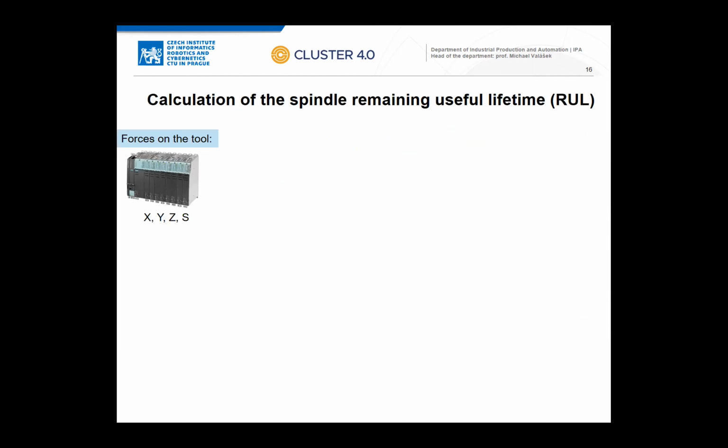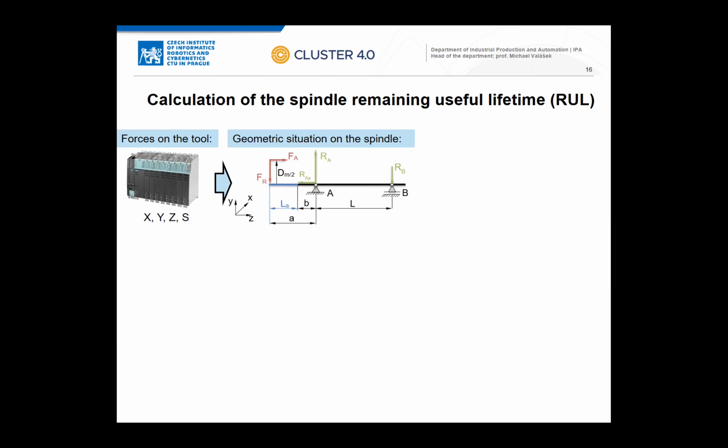So how does it work? At the beginning, we use the whole machine tool as a sensor. We read data from the drives, from the feed axes XYZ, and also from the spindle. And we have a simplified geometric model of the spindle.